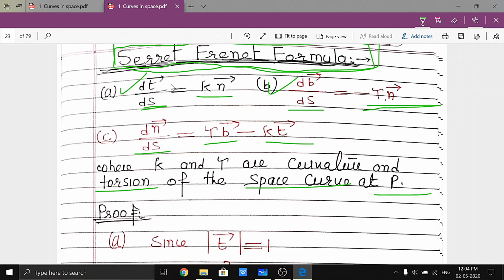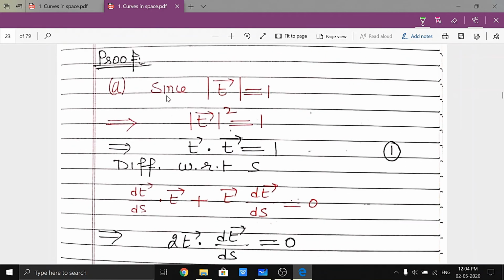Now, what is the proof of this result? We know that T is a tangent vector, so its magnitude is 1. From this, the square of the magnitude is again 1. So this can be written as T dot T is equal to 1. If this is equal to 1, now differentiate with respect to s.